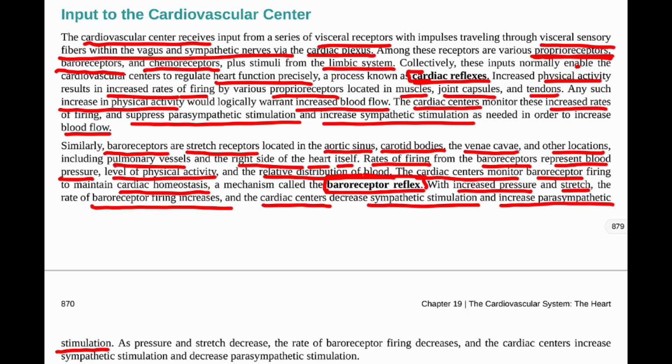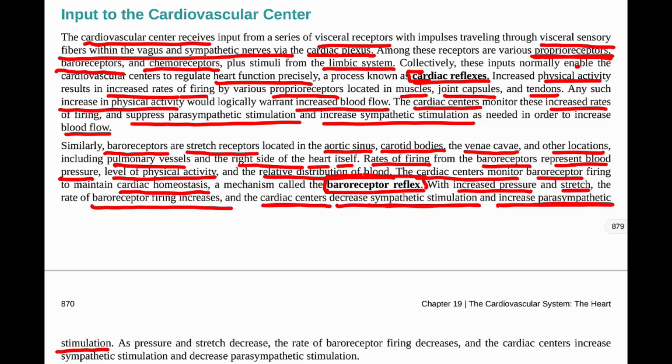So the cardiac center then is going to decrease our sympathetic stimulation. So it's going to decrease the heart rate and then increase our parasympathetic stimulation, which is the one that says slow down, meaning we're going to be telling our heart to slow down, slow down, slow down that heart rate.